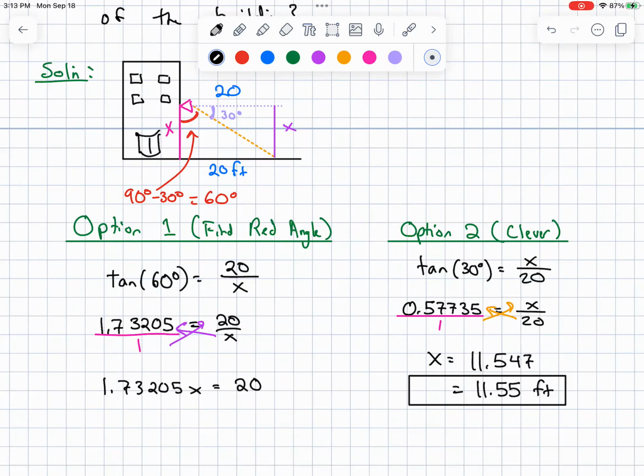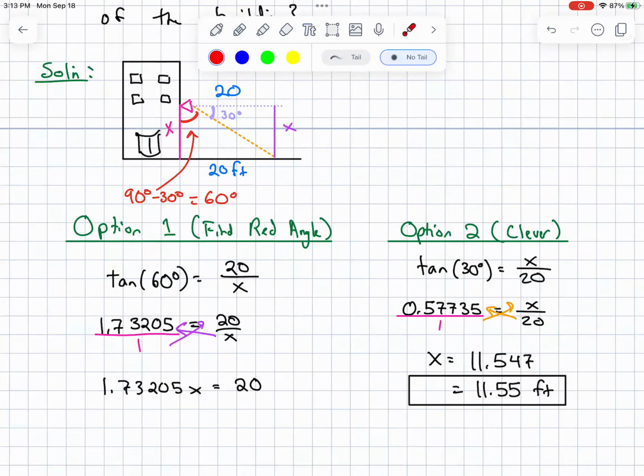Instead of option 1 where it's 20 over x. Remember, it depends upon the angle that's being used. With the triangle formed with the 30-degree angle, tangent is opposite over adjacent, whereas with the red angle, the opposite side is 20 and the adjacent side is x. So it depends on which angle.